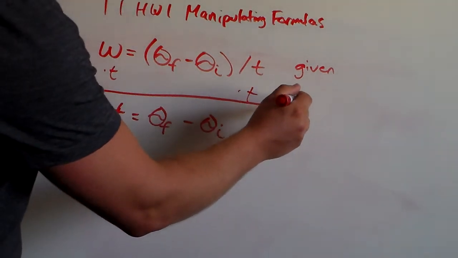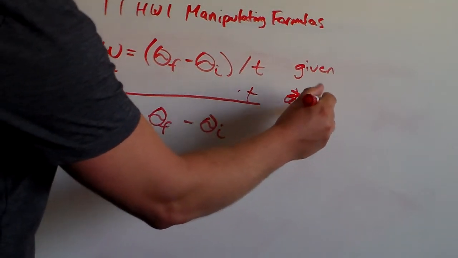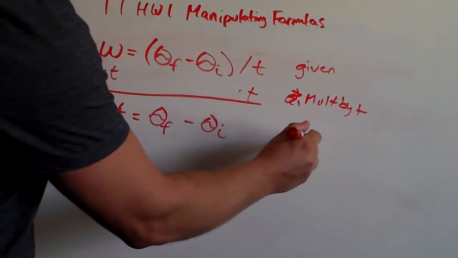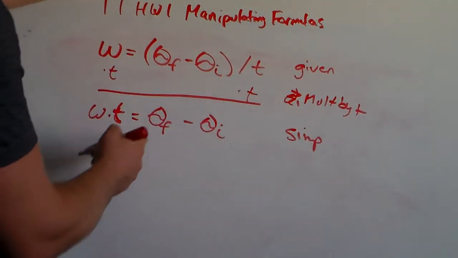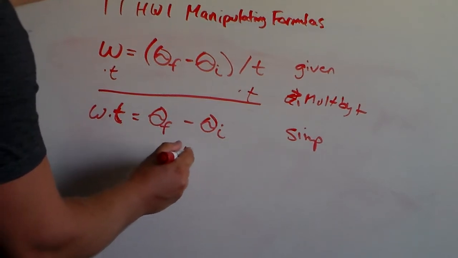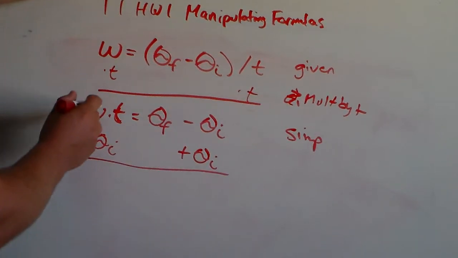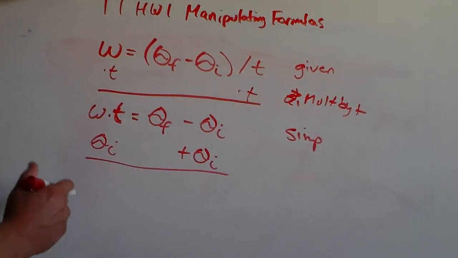So all I did was multiply by t to both sides. Then I simplified. Now we got to get theta F all by itself. So that means we got to add theta I to both sides of the equation. Now wt and theta I, they're two different variables.